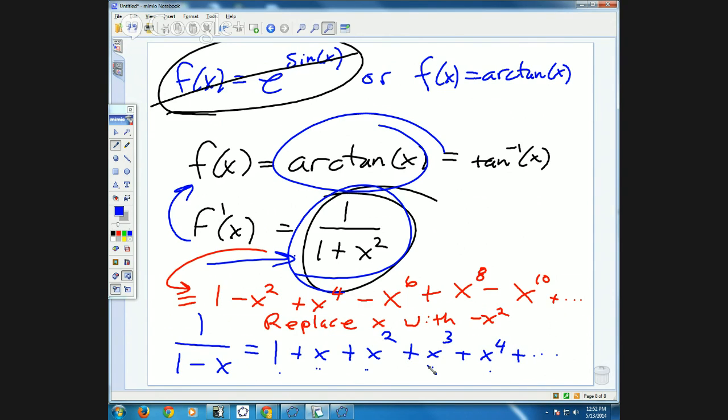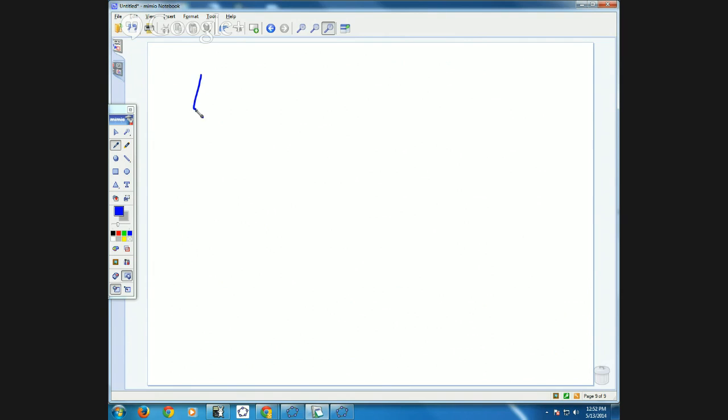X. So it's 1 over 1 minus x. Is this a geometric series? The formula for the convergent geometric series is the first term over 1 minus the common factor. So replace r with x. That's it.